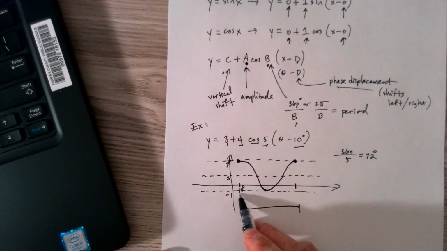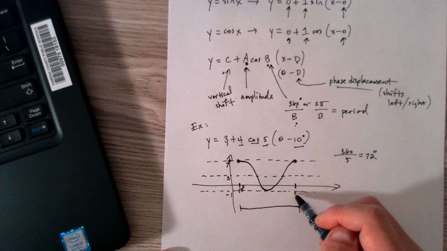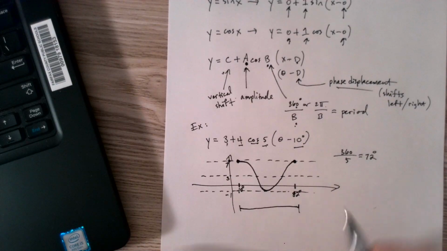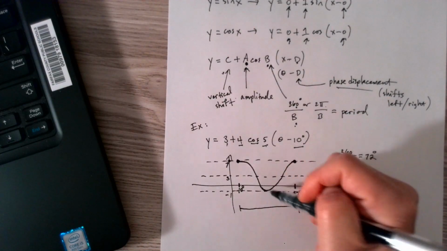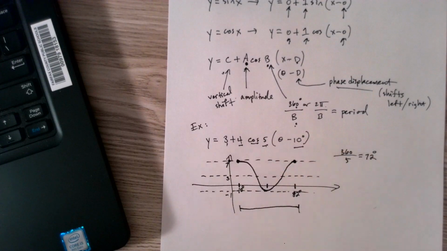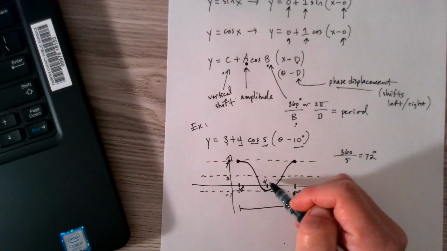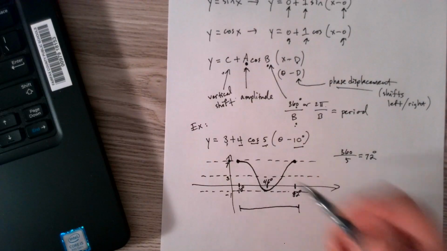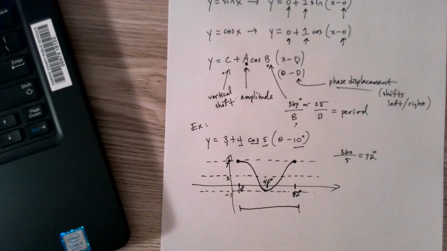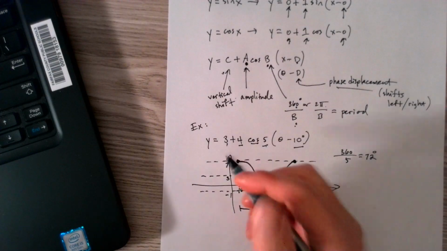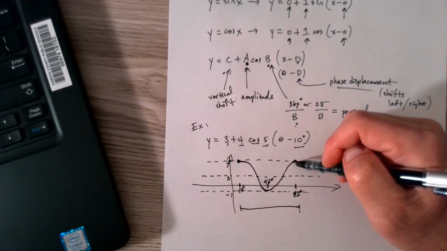So that means 10 add 72, I'm now at 82 degrees. And then the halfway point here would be, well, that would be 36 degrees long, so that would be 46. And then now I've got one cycle, I can draw another cycle.